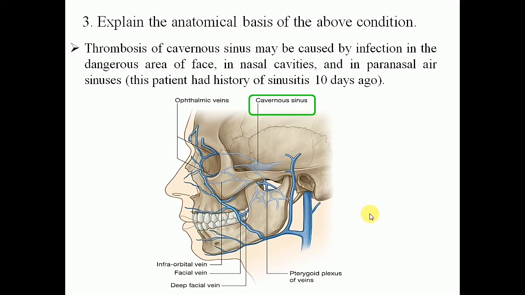So the patient initially had sinusitis, but later it had spread via these channels into the cavernous sinus, leading to cavernous sinus thrombosis or cavernous sinus syndrome.